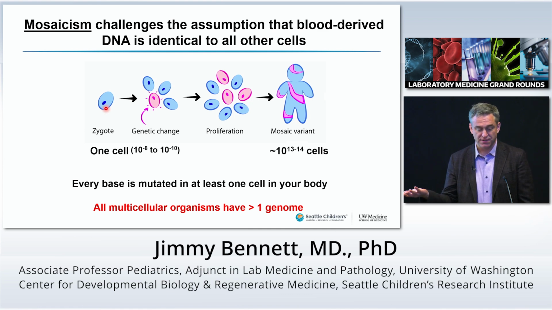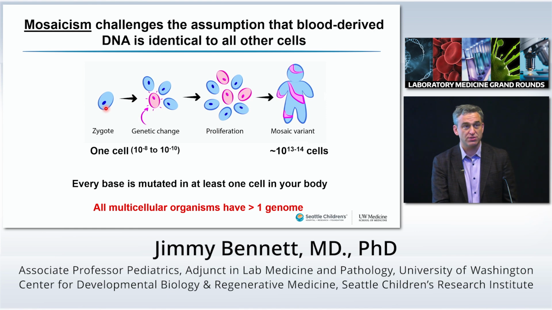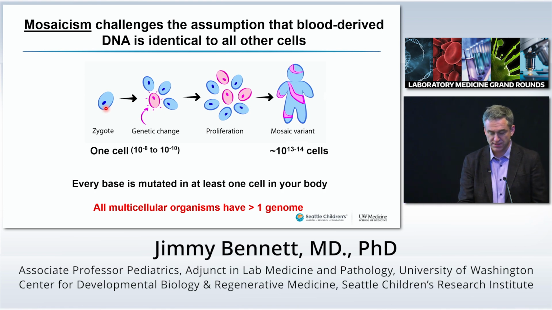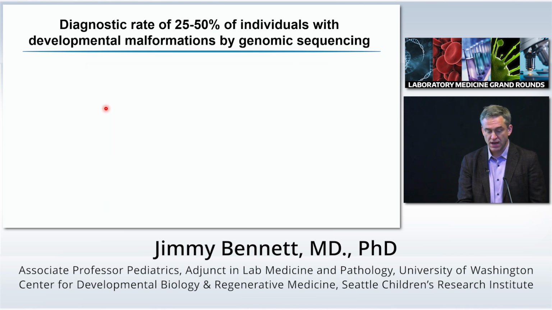And just to do a little bit of math, you start off your existence as a single cell. By the time you're born, you're 10 to the 13th or 14th cells. And probably at least one mutation occurs with every single cell division. So really, every base in your 3.2 billion base genome is probably mutated in at least one cell in your body, and every multicellular organism has more than one genome.